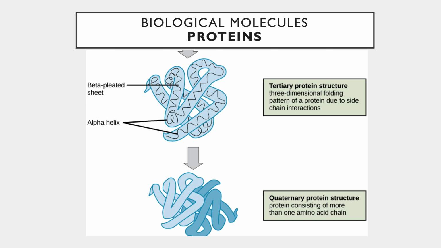This occurs when two or more separate proteins in their tertiary folded state associate together to form one protein complex. What you can see here is that this light blue colored is one protein and the darker blue colored is another protein. And these two have now associated together. Only when they are associated are they then considered functional.